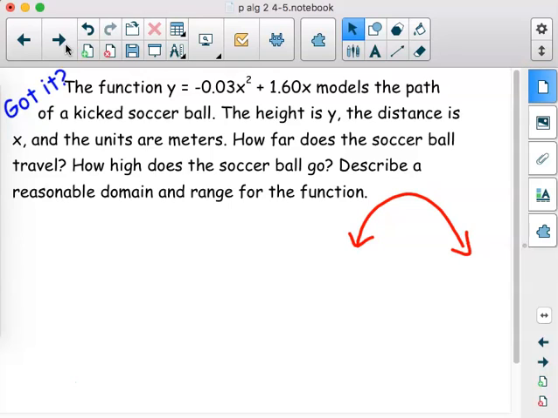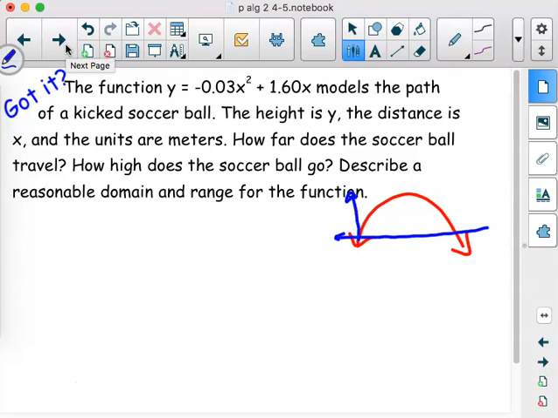Well, if we want to know how far, that's finding the zero. So I take a look at it to decide if I have to use my graphing calculator or if I can use algebra.